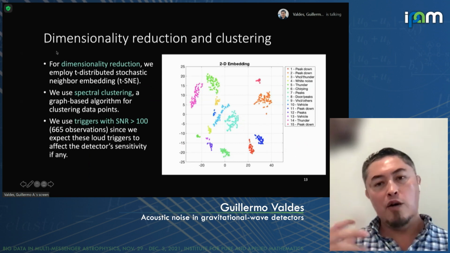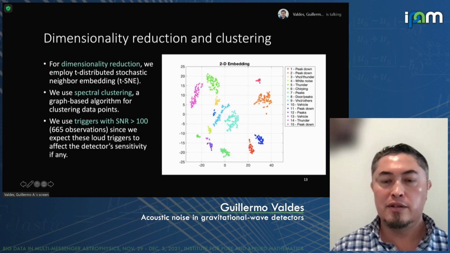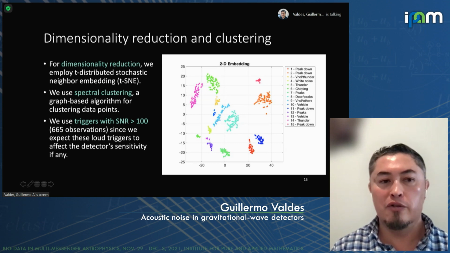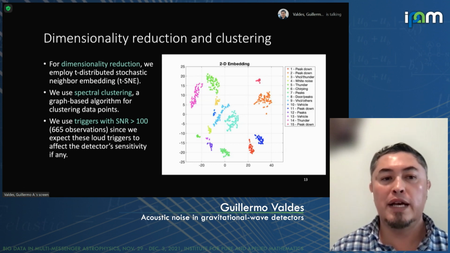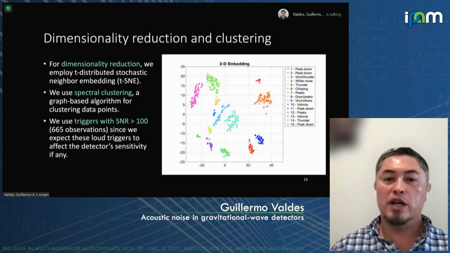The next step. So now we have many of these samples, and for each one we have 13 dimensions, 13 coefficients, so we want to apply some dimensionality reduction, right? Because this makes it easier to visualize what's going on.